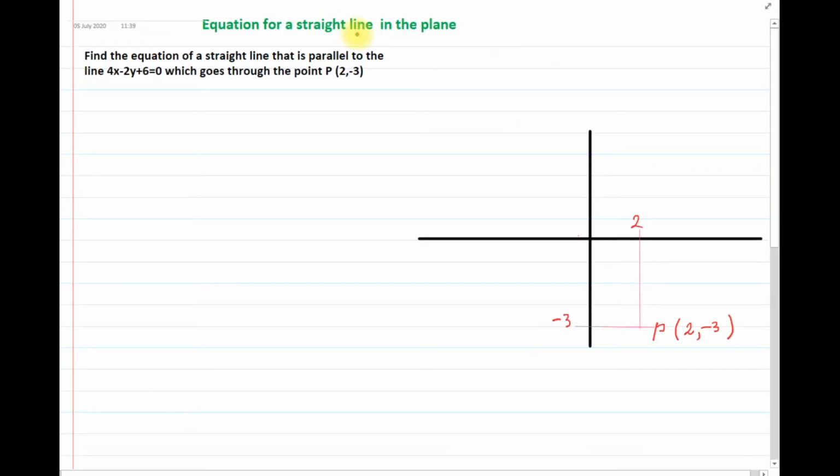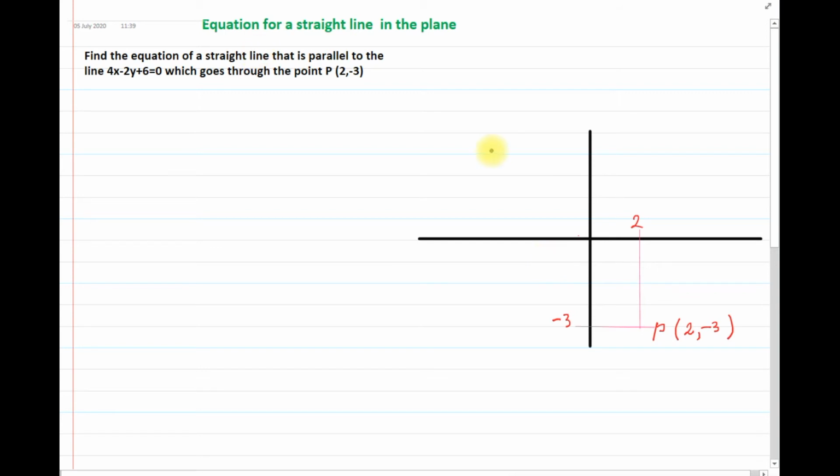This is a slightly harder question. We are asked to find the equation of a straight line that is parallel to the line 4x minus 2y plus 6 equals 0, which goes through the point P with coordinates 2 and minus 3. Right.